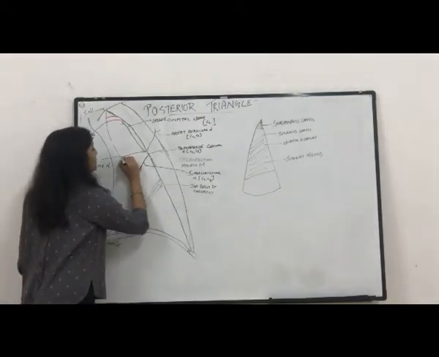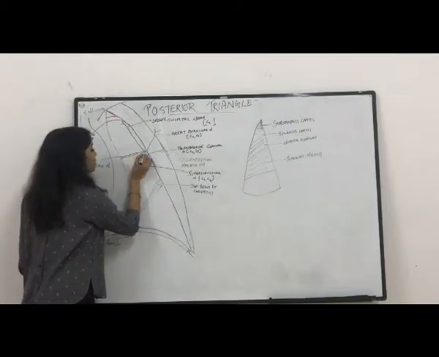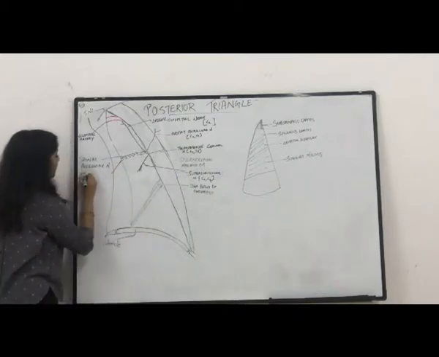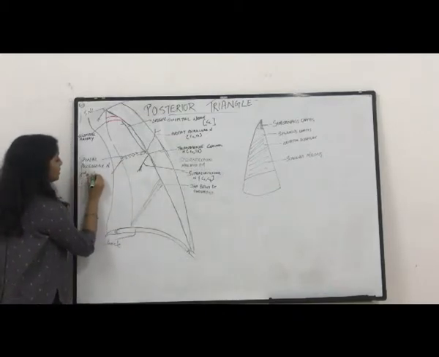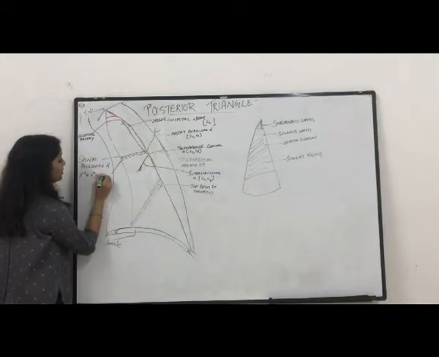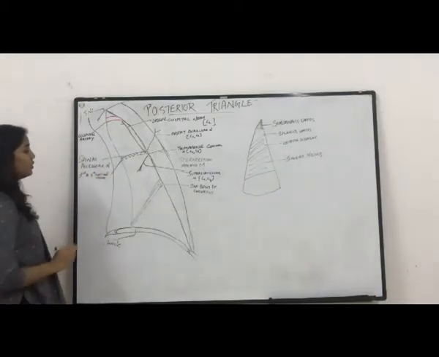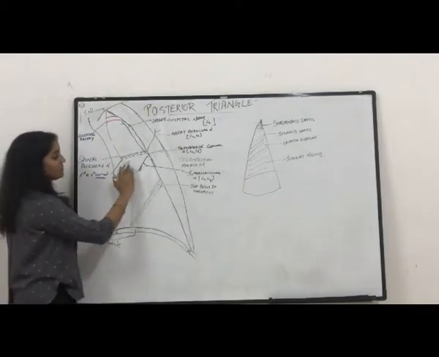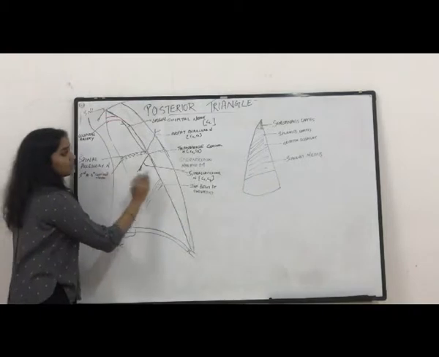Below that, two more structures pass. That is the third and fourth cervical nerves, which supply the trapezius muscle as well as the levator scapulae present here.